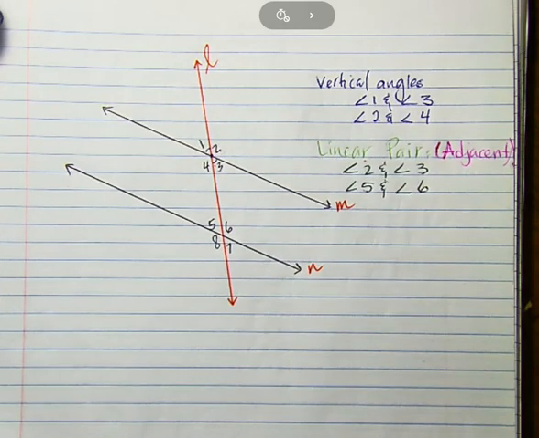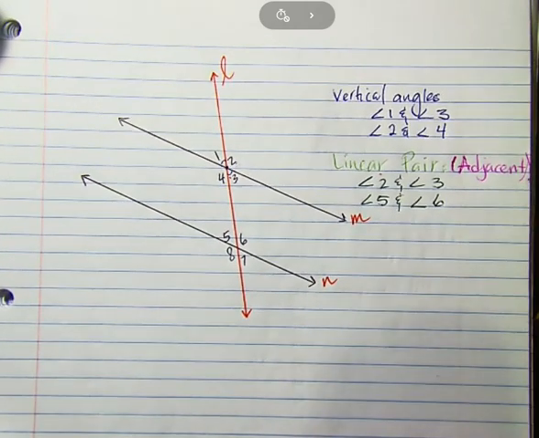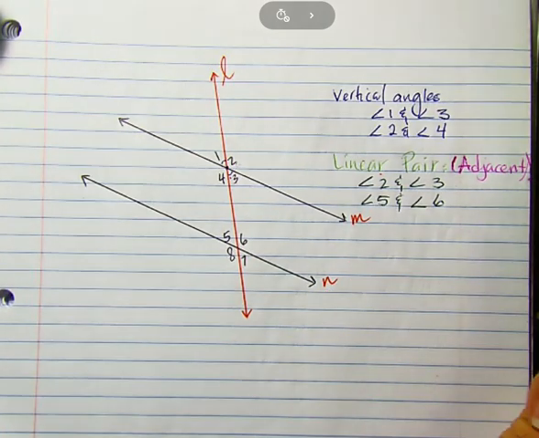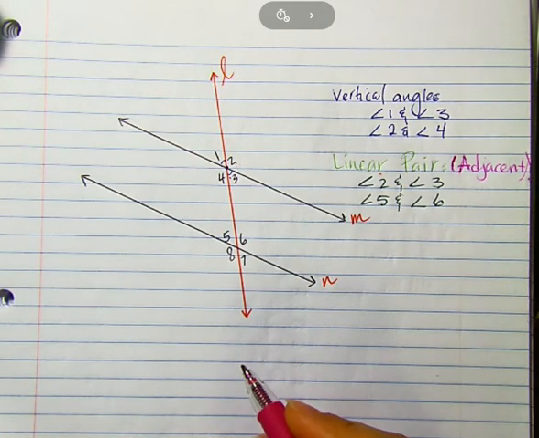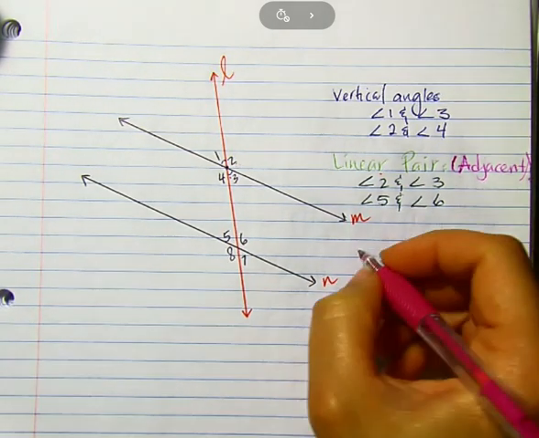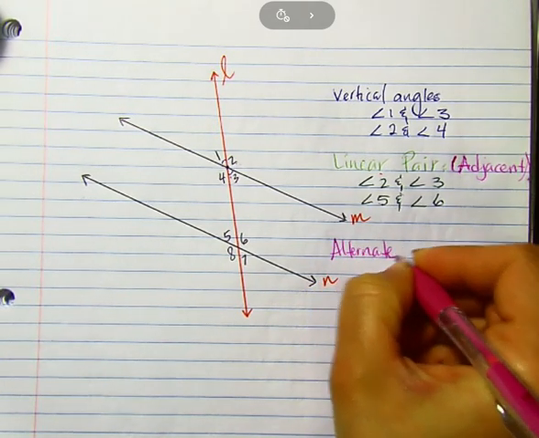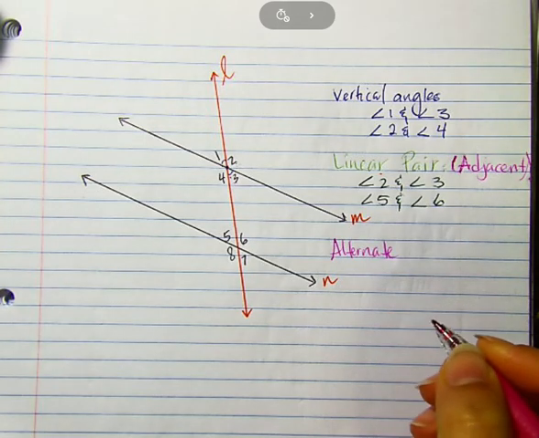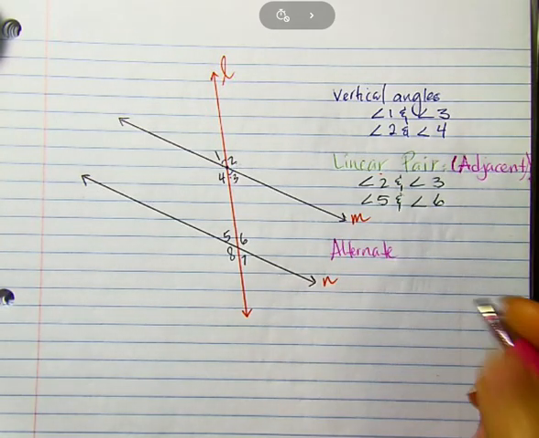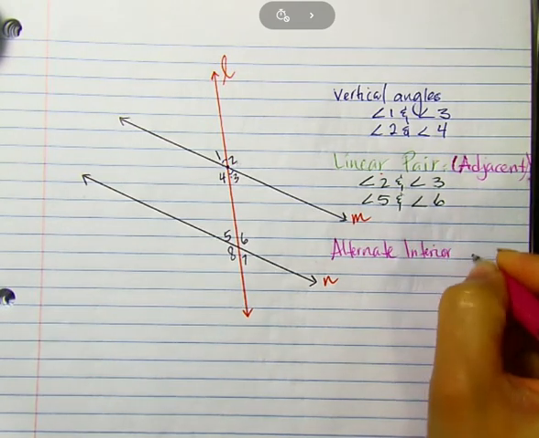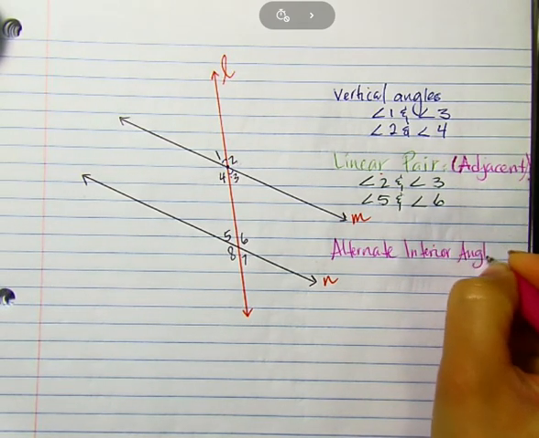Okay, now we're going to look at another pair of angles. So let's identify alternate interior angles. Okay, so I'm going to write the name alternate, meaning different, right? Alternate, on opposite sides. Interior angles.